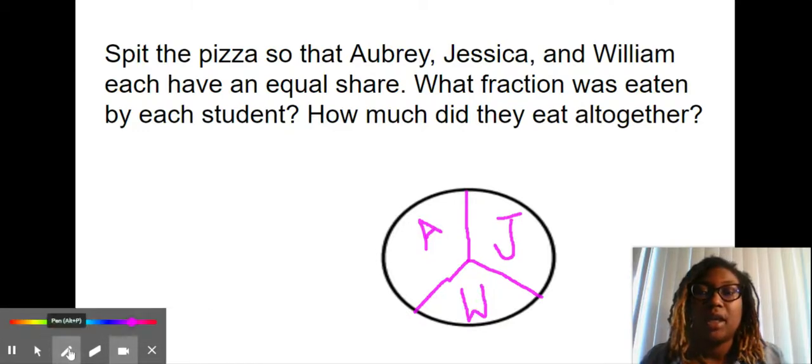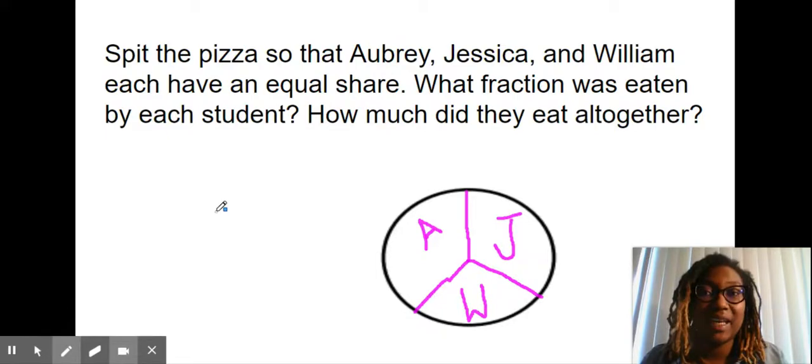Okay. So the next part says, which fraction was eaten by each student? So like, how much pizza did Aubrey eat? How much pizza did Jessica eat? How much pizza did William eat? So it's broken into 3 parts, which means each student got 1/3.